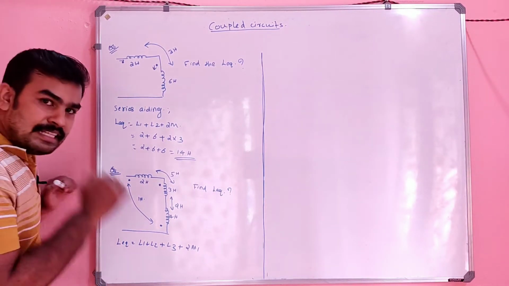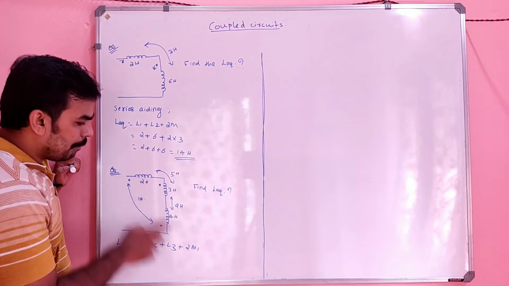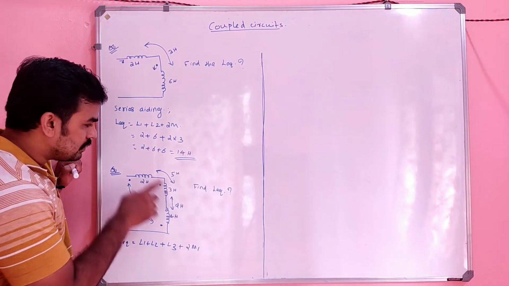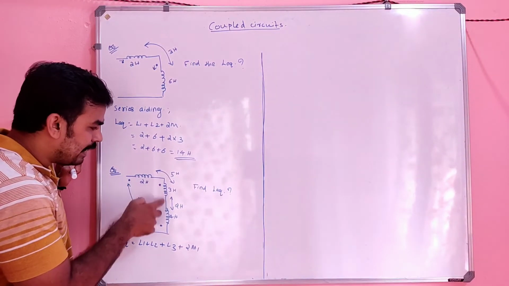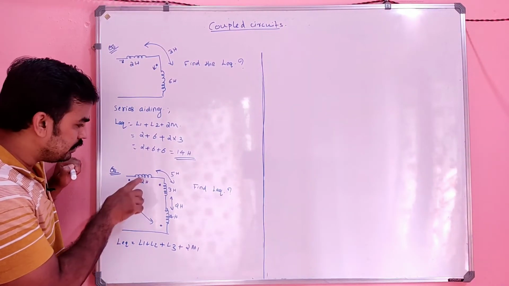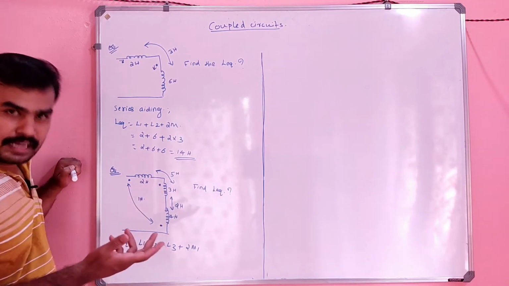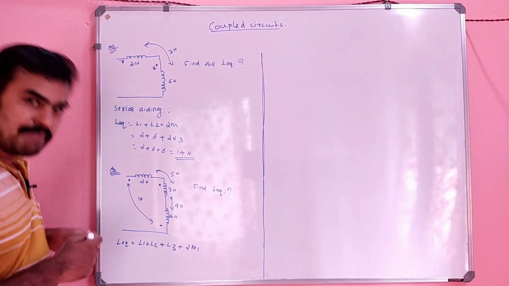In this circuit, plus 2M1 I can write, because here this is the dot and here this is the dot. In the same manner, in both the coils, 2 Henry and 3 Henry, the current is flowing, so it will be plus 2M1.